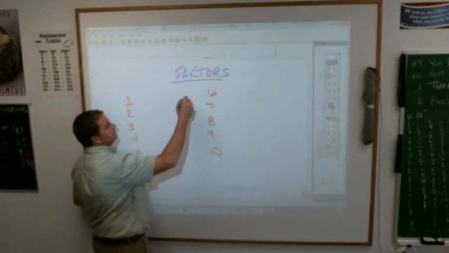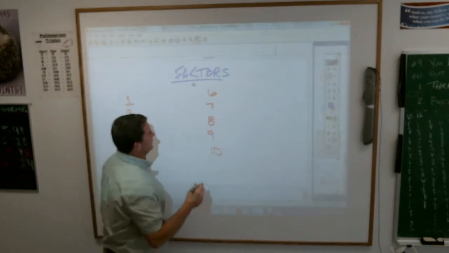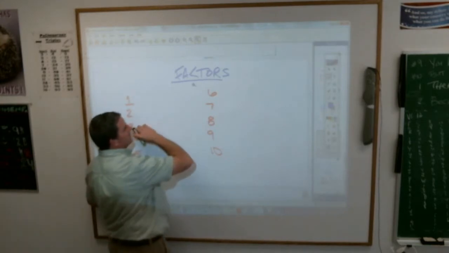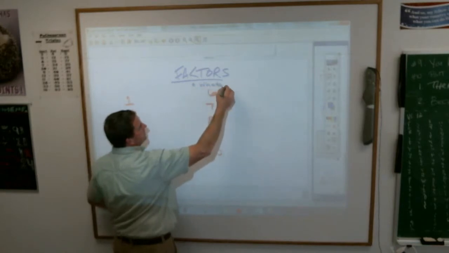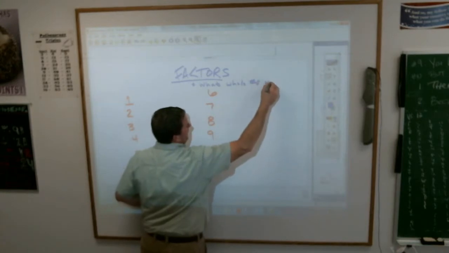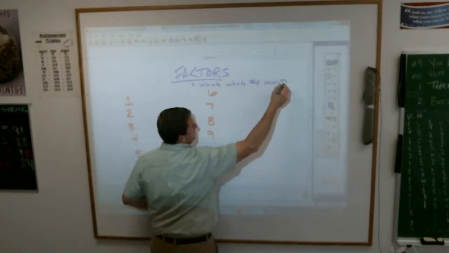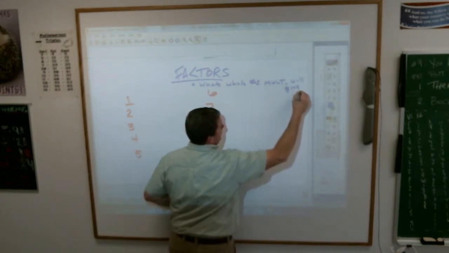A part? It is. It's two things that get multiplied. When we're asking about this, you ask yourself, what whole numbers multiplied will give you a number.